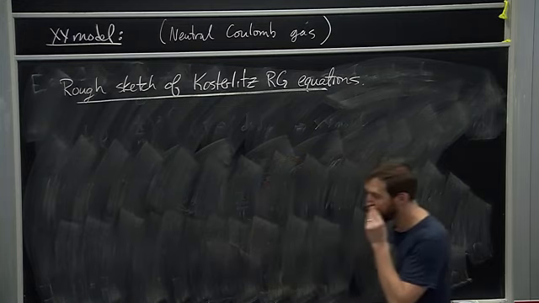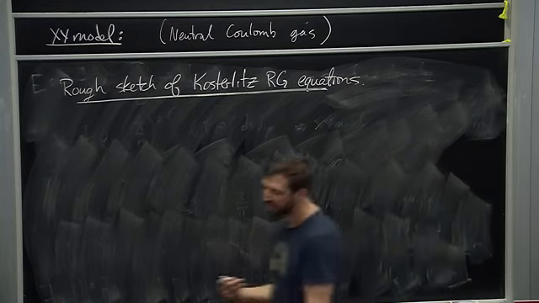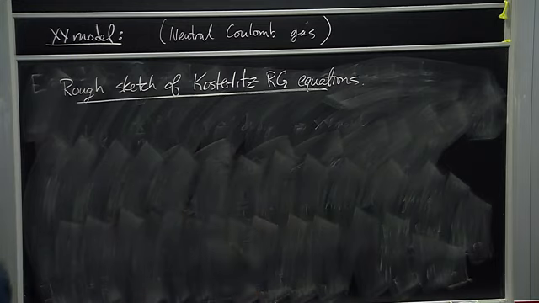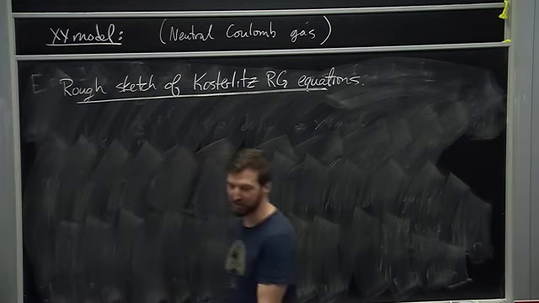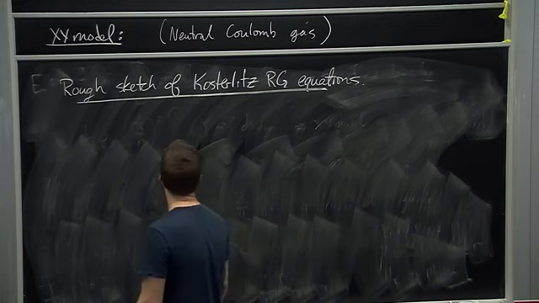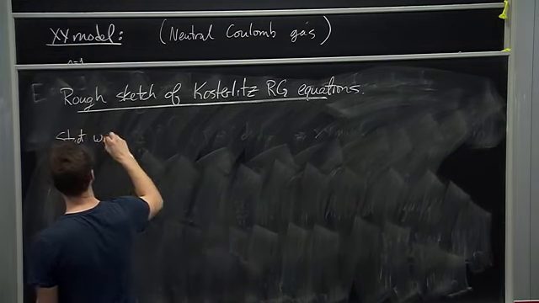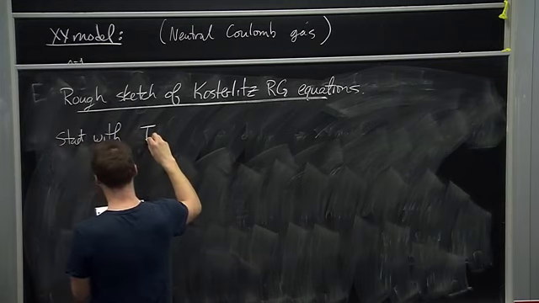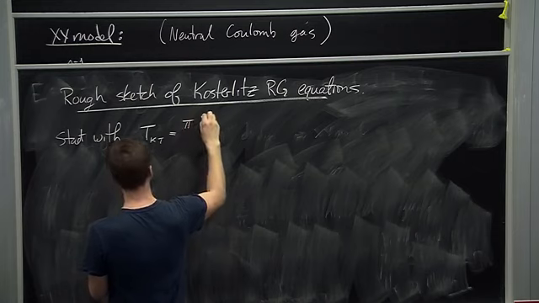Okay, so again, I want two equations. One in temperature, which tells me somehow the distance I am from the transition, and one in this variable y that I've defined on your assignment. So start with, I'm going to set n equals to 1 everywhere.